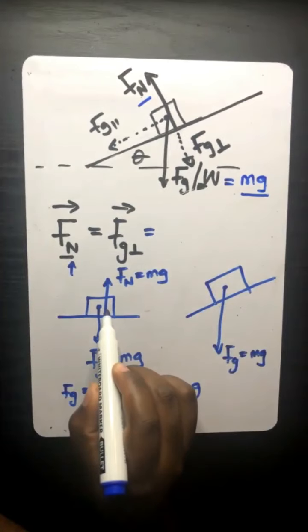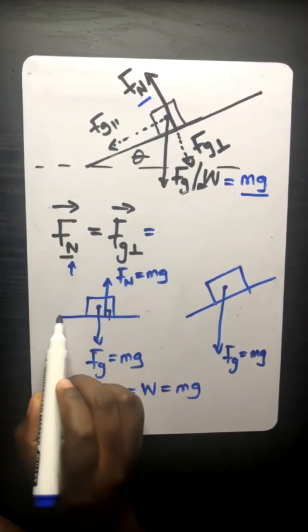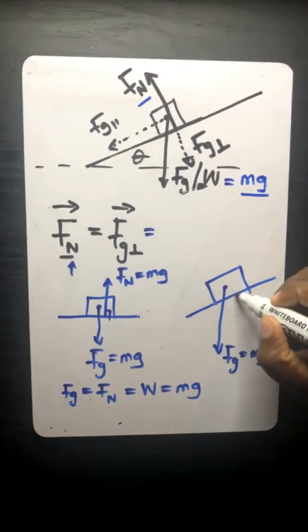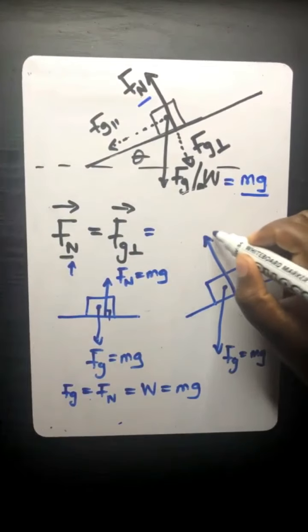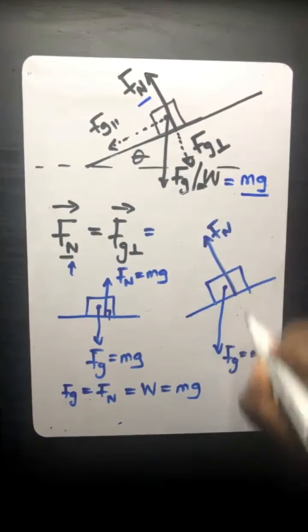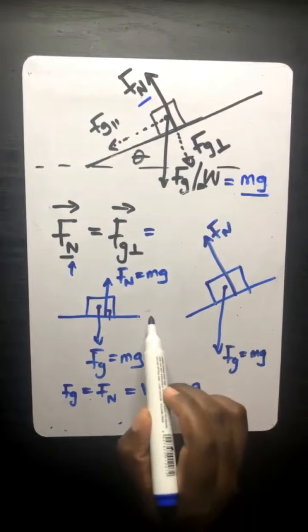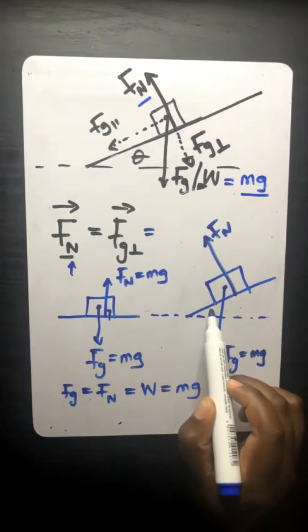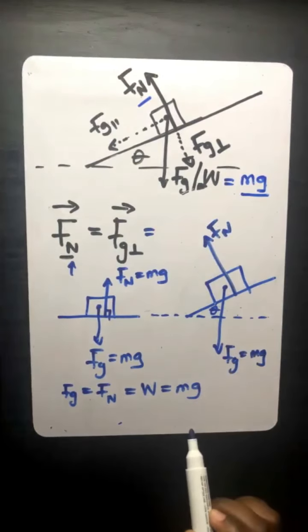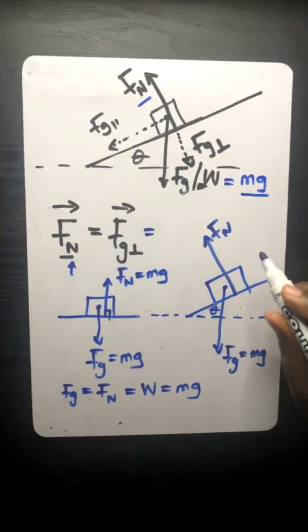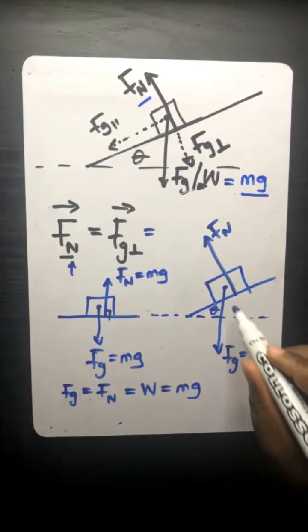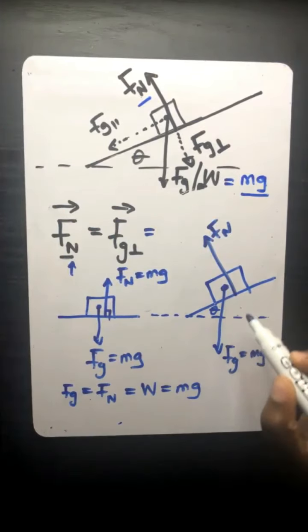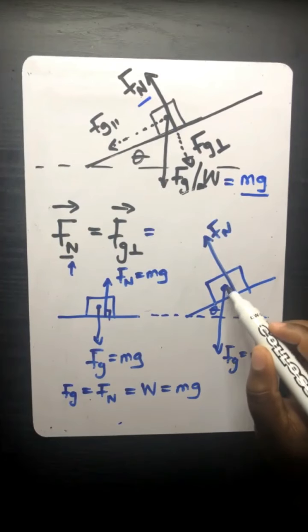It has to form a right angle to that surface. So that means normal force is actually in that direction. And remember, this is a surface which is inclined at a certain angle. So that means you need the components of FG.